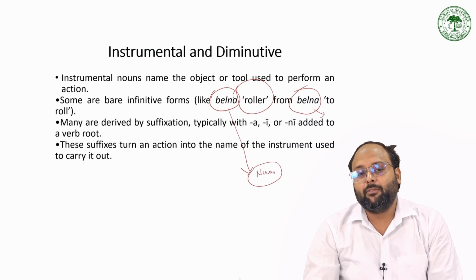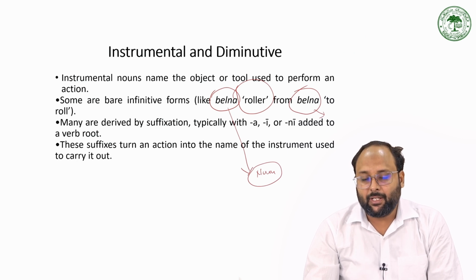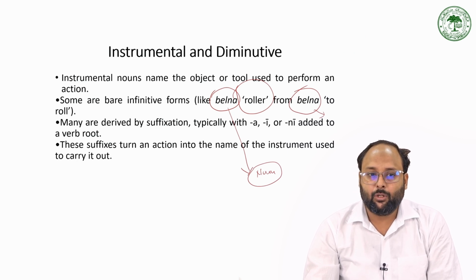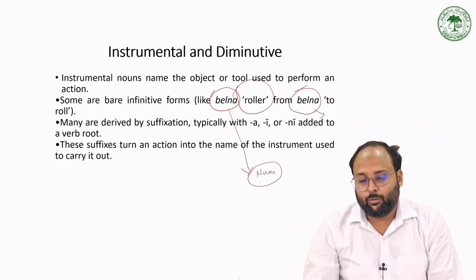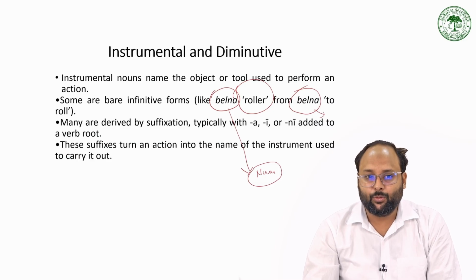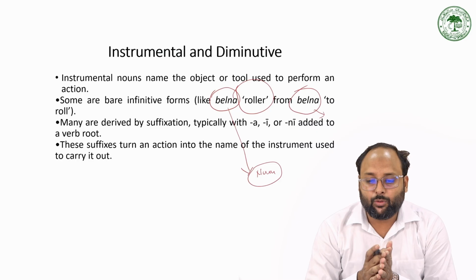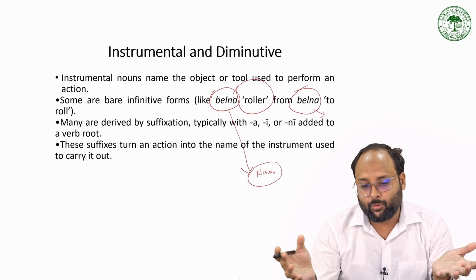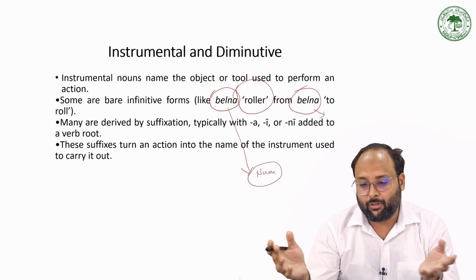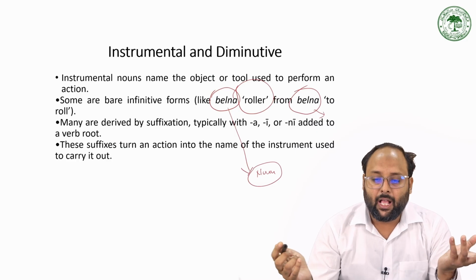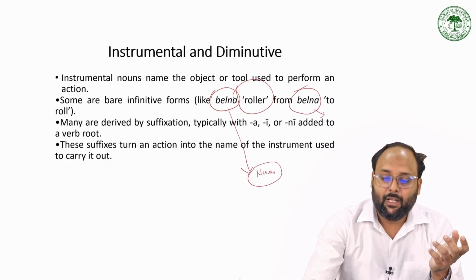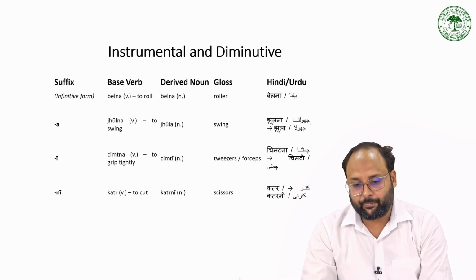Many are derived by suffixation, typically by a, e, and ni added to the root verb. These suffixes turn an action into the name of the instrument used to carry it out. There are many suffixes through which we can create these two types of noun: the instrumental noun by some na suffixes and the diminutive noun by some a, e, and ni suffixes.